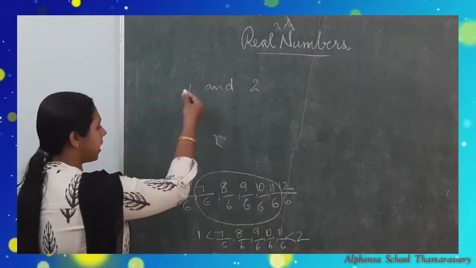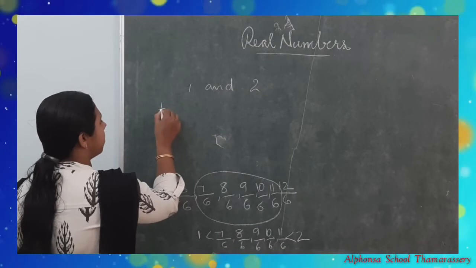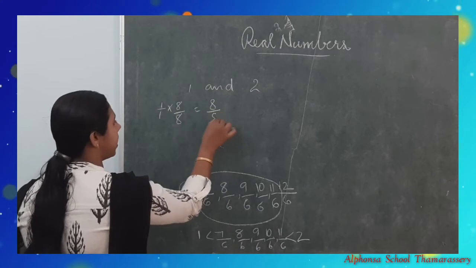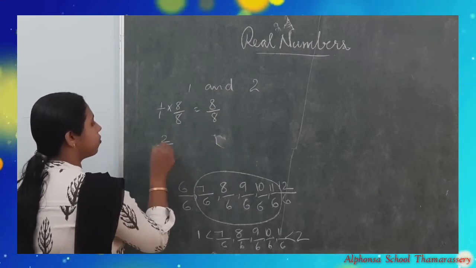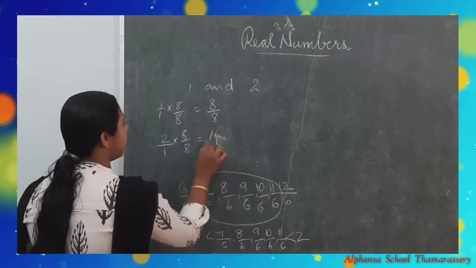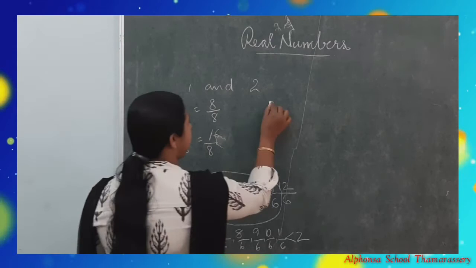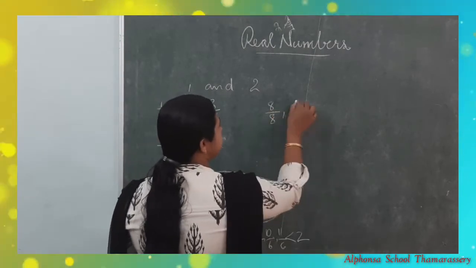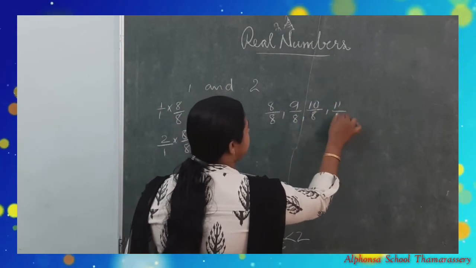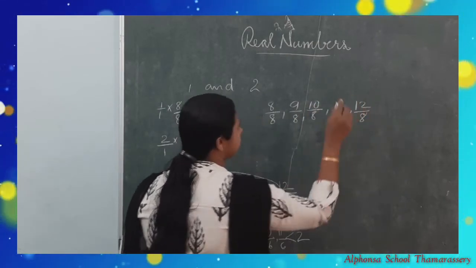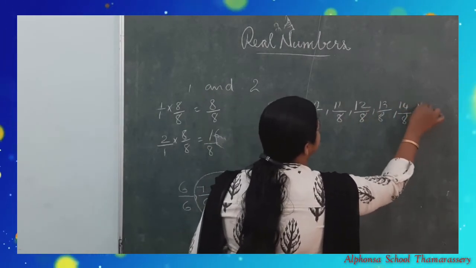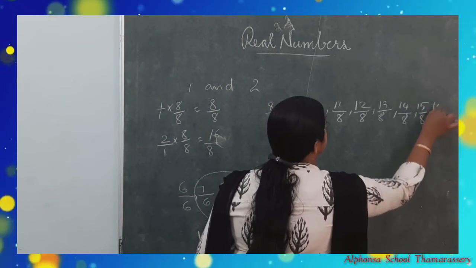You can multiply by 8. Then 1 by 1 into 8 by 8 is equal to 8 by 8. 2 we can write as 2 by 1. So multiply by 8. Then it will be 16 by 8. So after 8 by 8, the next numbers are 9 by 8, 10 by 8, 11 by 8, 12 by 8, 13 by 8, 14 by 8, 15 by 8, next 16 by 8.